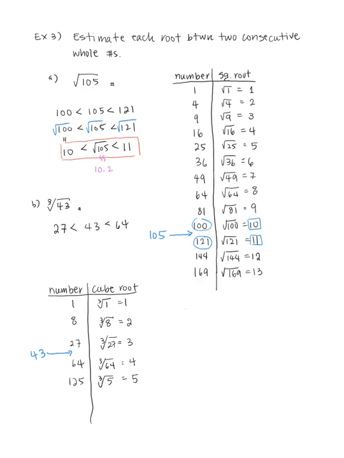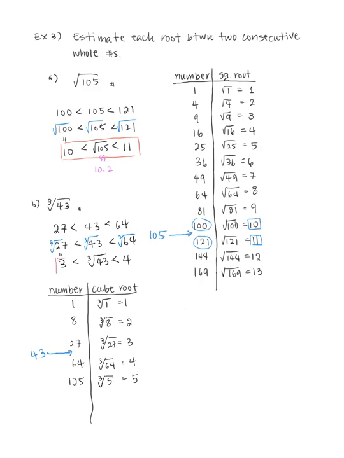Now we're going to take the cube root on everything because we want to estimate where the cube root of 43 is going to lie in between. Alright, but cube root of 27 is 3. And cube root of 64 is going to be 4.